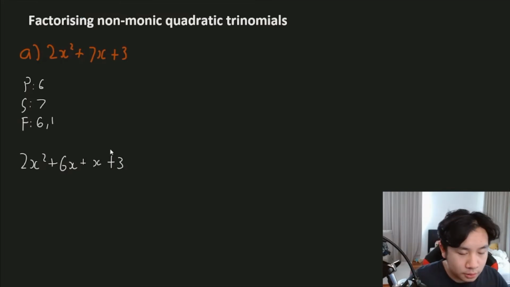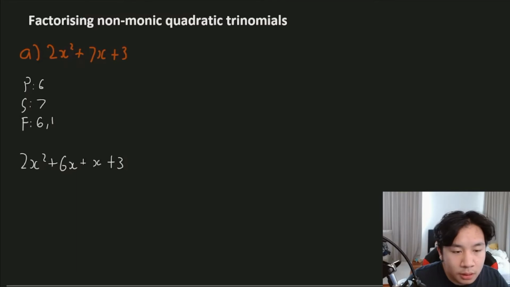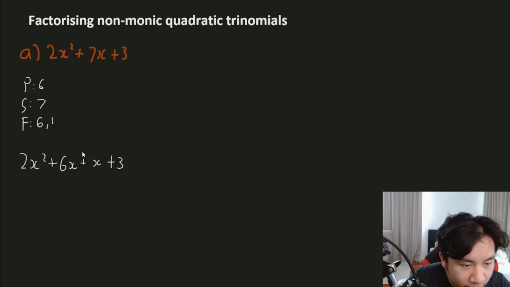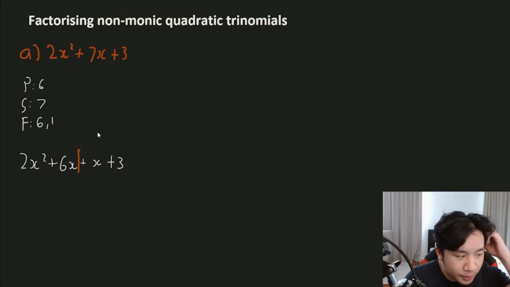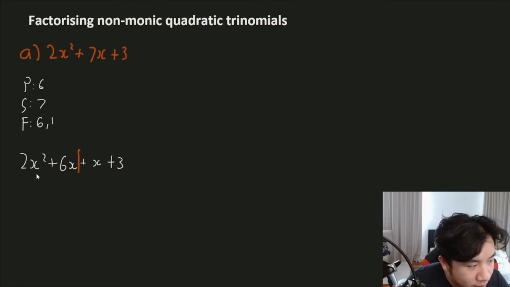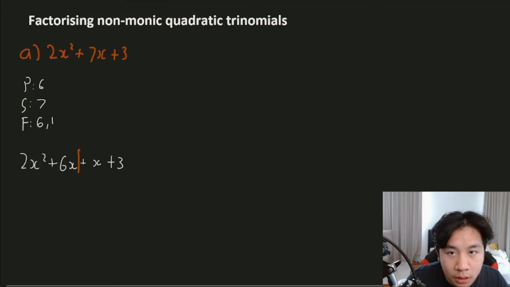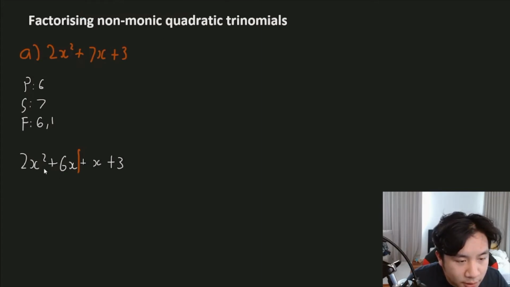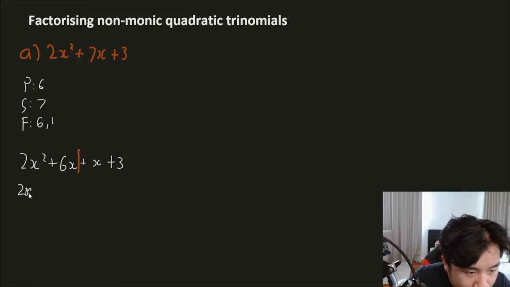And so to fully factorize this, you want to factorize by grouping. You kind of want to split it in half, like an imaginary line in the middle. And so you want to factorize this first. On this side, I can factorize 2x from this, and what I'm left with is x plus 3.